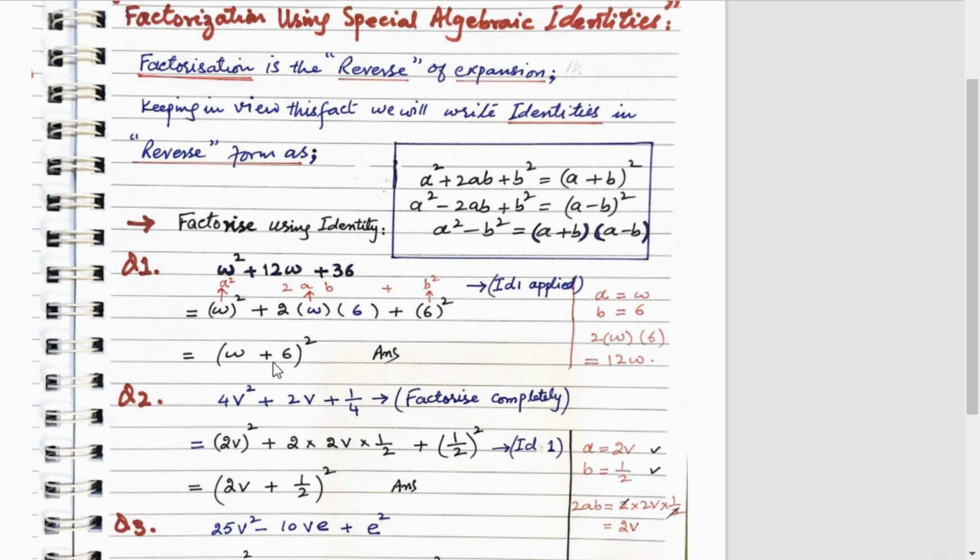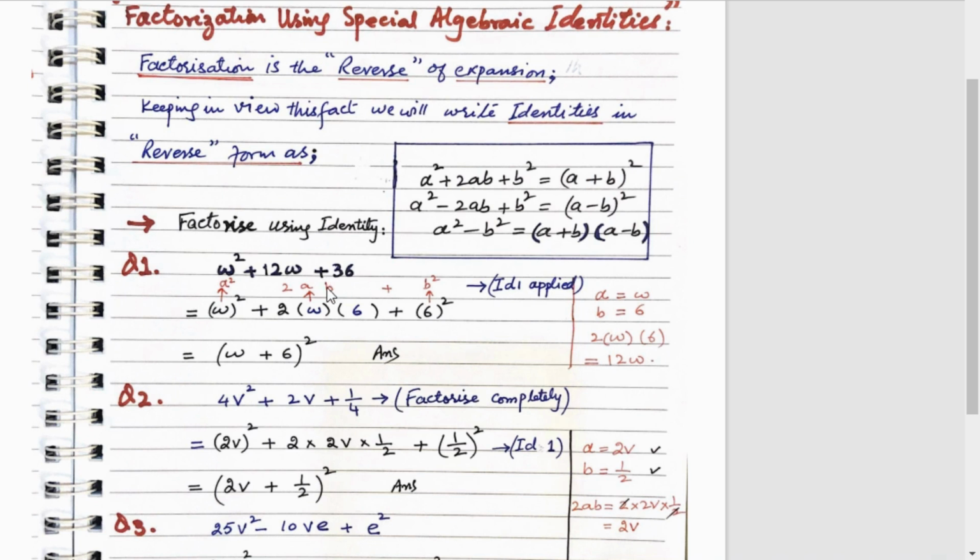Now this is a perfect square of W plus 6. If you open it, this is the factors form. W plus 6 whole square means W plus 6 into W plus 6. Then we get W square plus 12W plus 36.